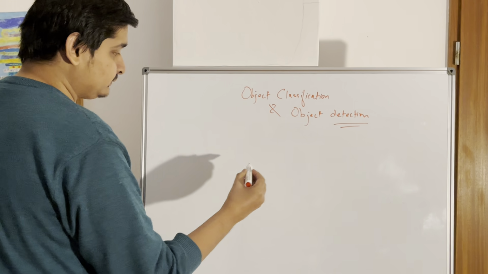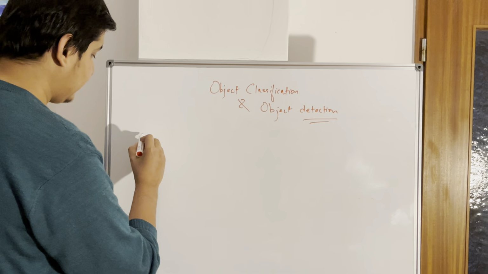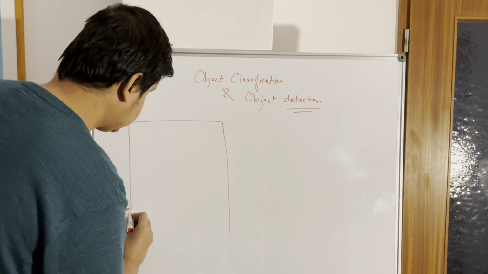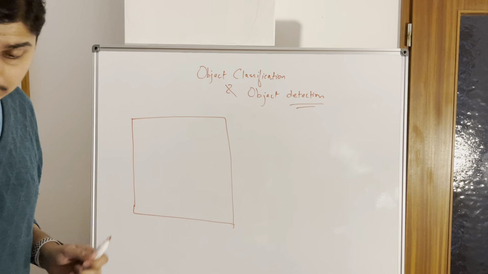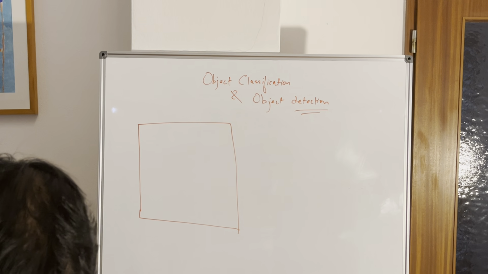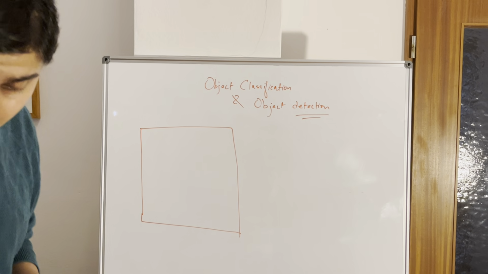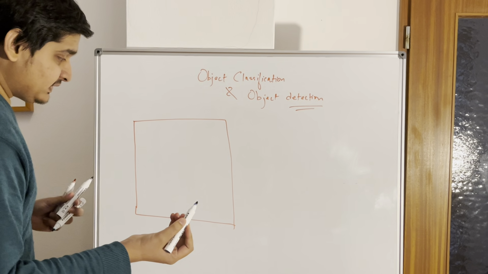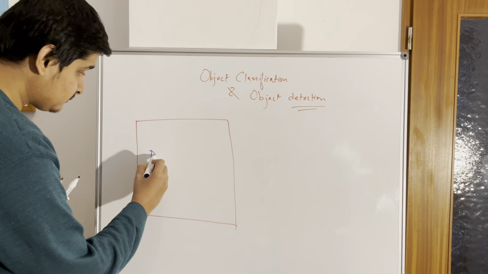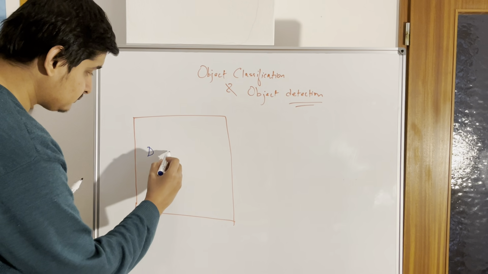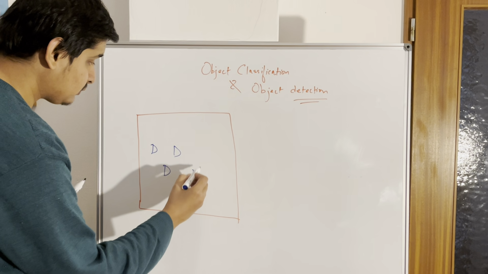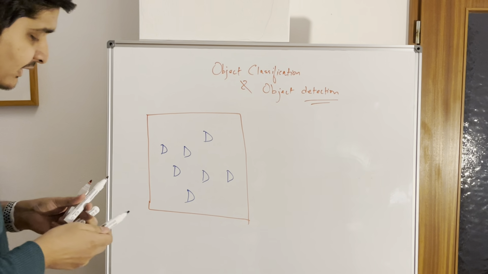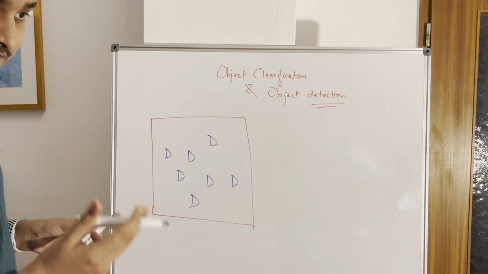For example, let's assume that we have a picture and we have say 7 dogs in it, and say we have like 5 cats in this picture.